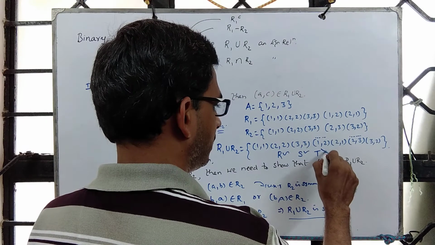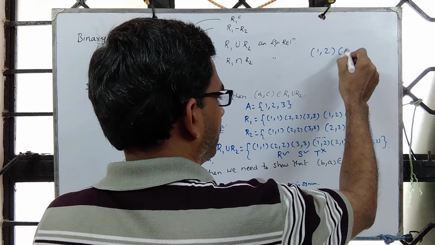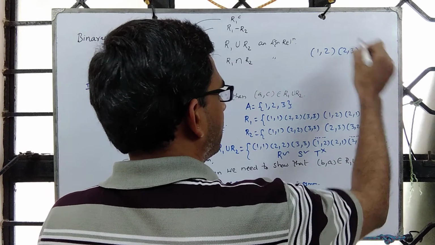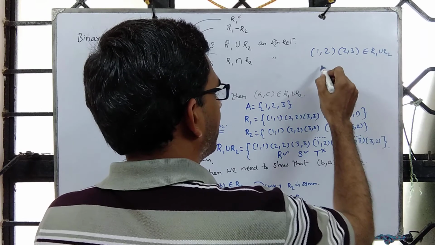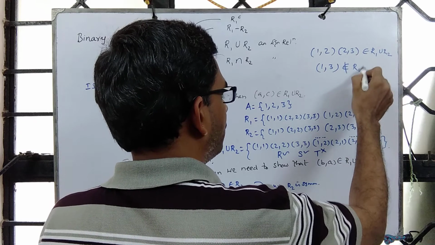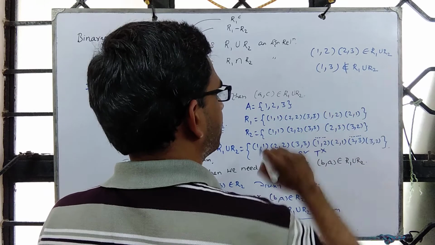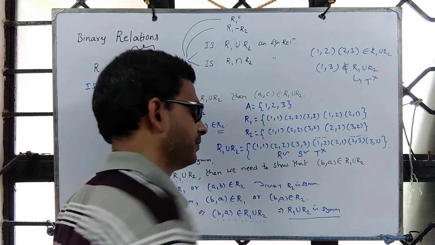So it is not transitive. So (1, 2) and (2, 3) belong to R1 union R2. However, (1, 3) does not belong to R1 union R2. Therefore, it is not transitive.